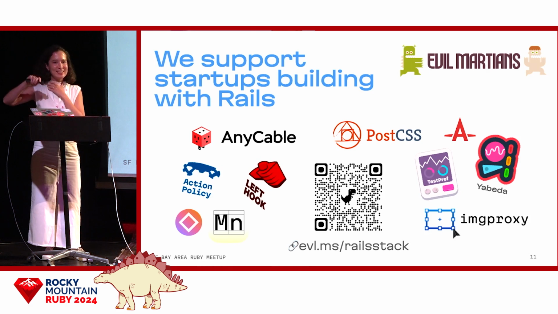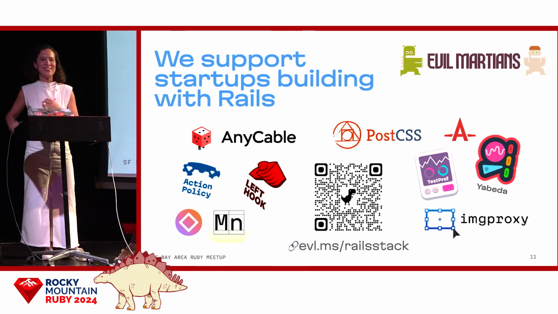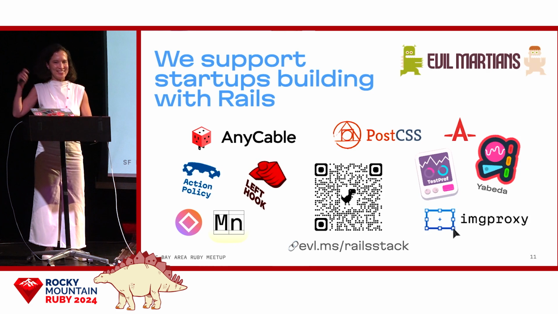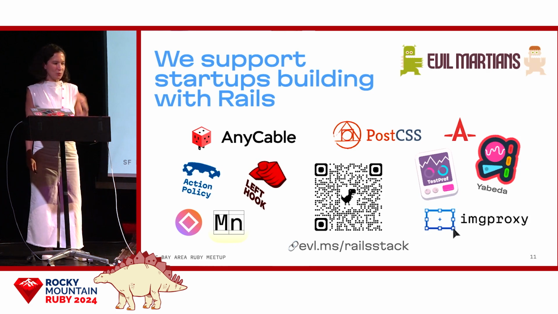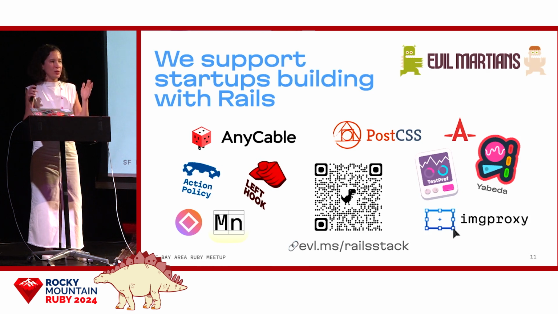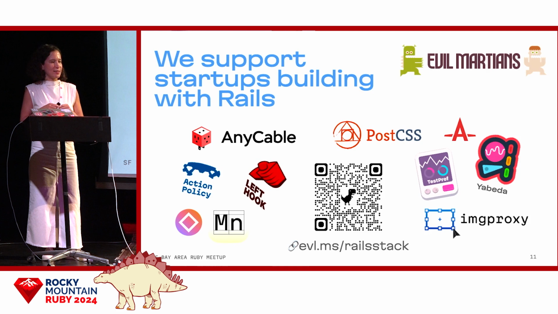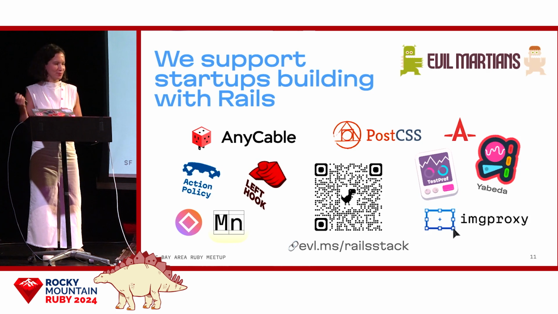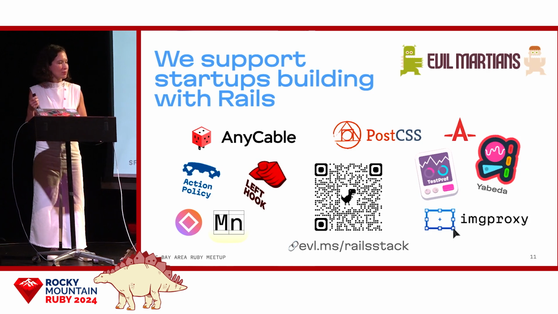So some hands. Oh, nice. All right, thanks, guys. We're building a lot of open source, and our mission is to support startups and growing companies building with Rails. Not just Rails, but this is our big focus. And if you have hard problems, we'd love to help you solve them.